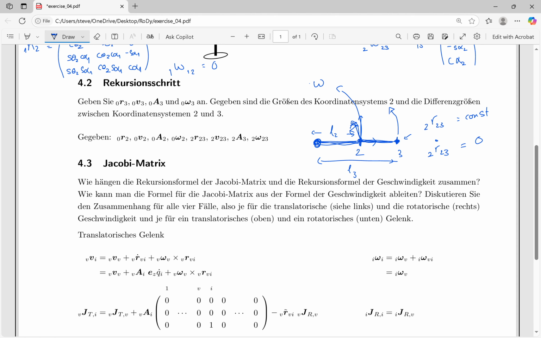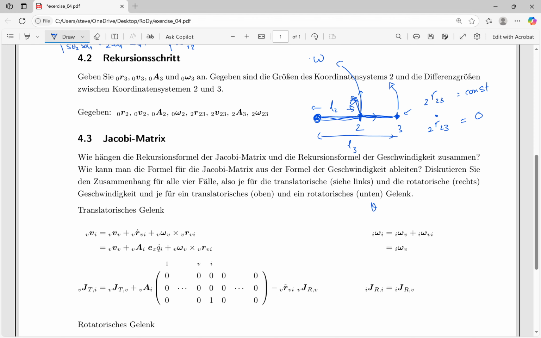Yeah? Then V223 is going to be, I'm just going to write out, L3 omega negative L2 omega, and now I actually translate into frame 2, which is still the same, pretty much.